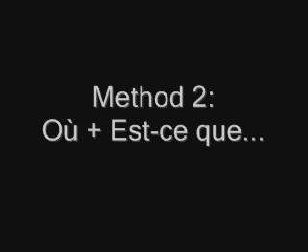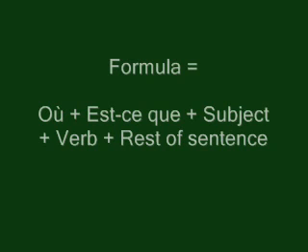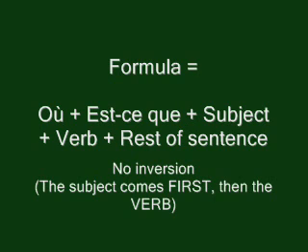Alright, so now let's learn how to apply the second method by using the expression est-ce que after the interrogative pronoun où. If you use the expression est-ce que after the word où, you should not invert the order subject-verb like we did in the first method. So our new formula will be où plus est-ce que plus subject plus verb and the rest of the sentence.